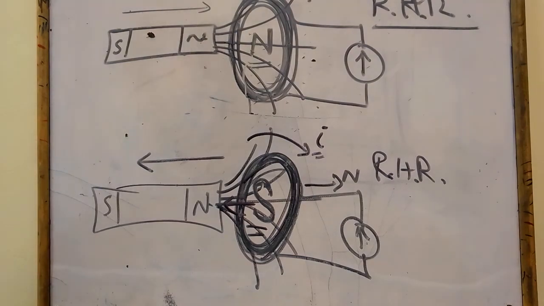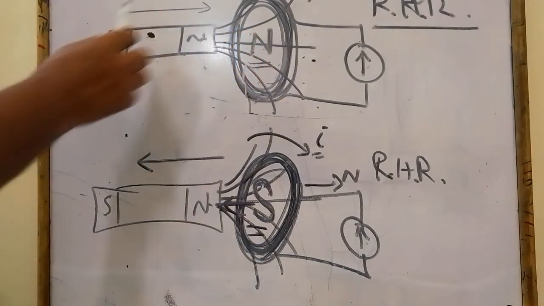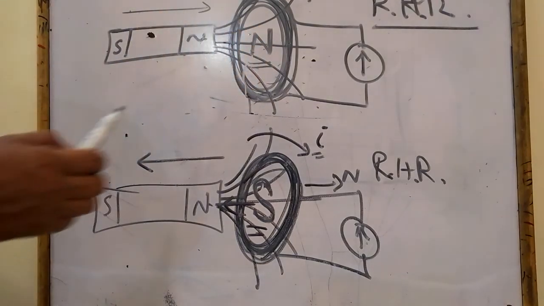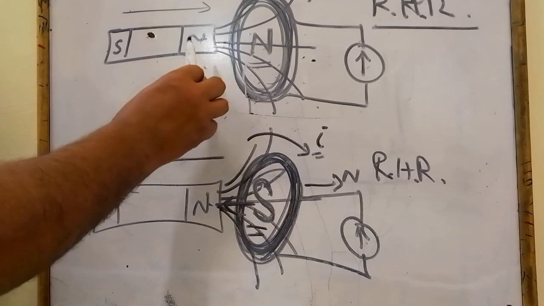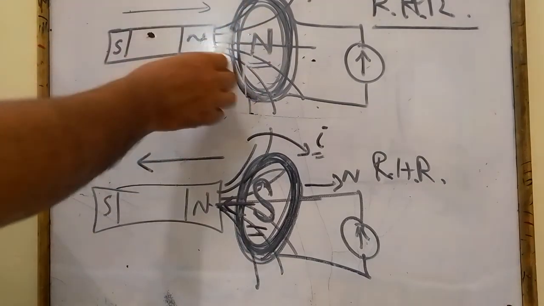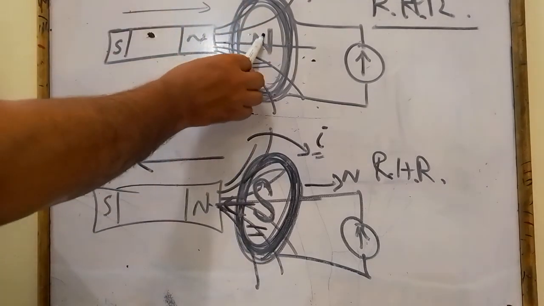Lenz's law is totally in accordance with the law of conservation of energy. It is basically another form, a manifestation, of the law of conservation of energy. In the above case, for example, when the end pole of the magnet is approaching the coil, the induced current will flow in the coil in such a direction that the left hand face of the coil becomes a north pole.